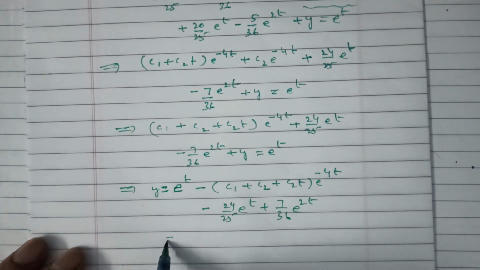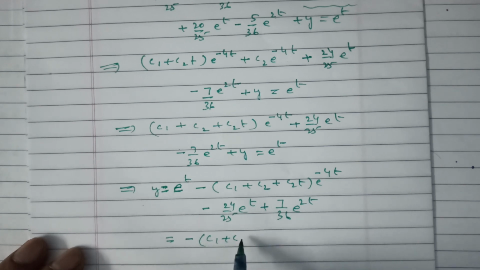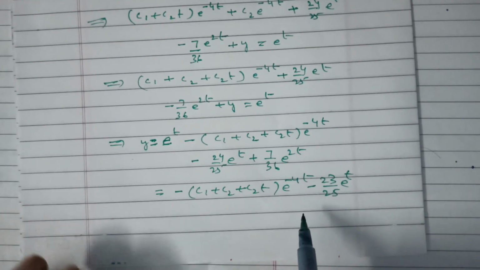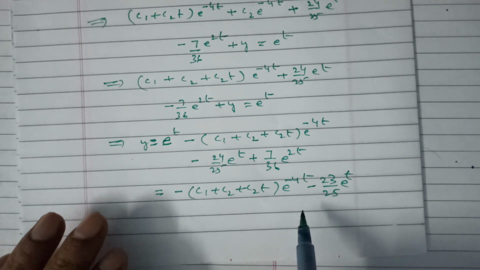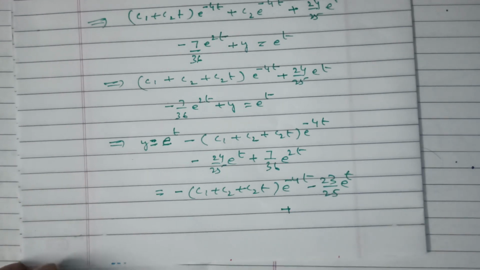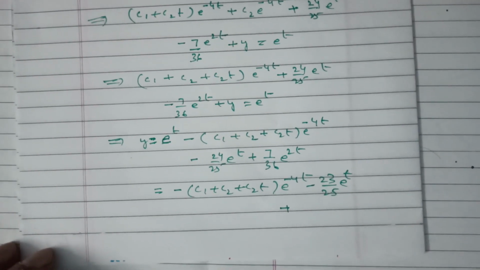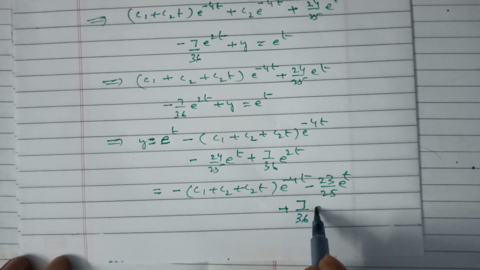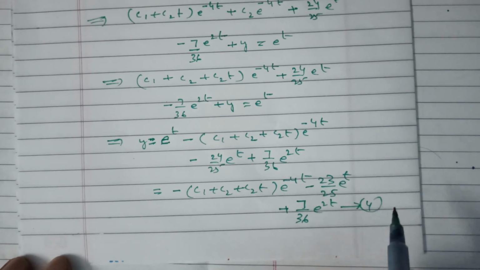So this is minus 24 plus 1 is minus 23, it is minus of c1 plus c2 plus c2t e power minus 4t minus 23 by 25 e power t plus 7 by 36 e power 2t. Take this as equation 4.